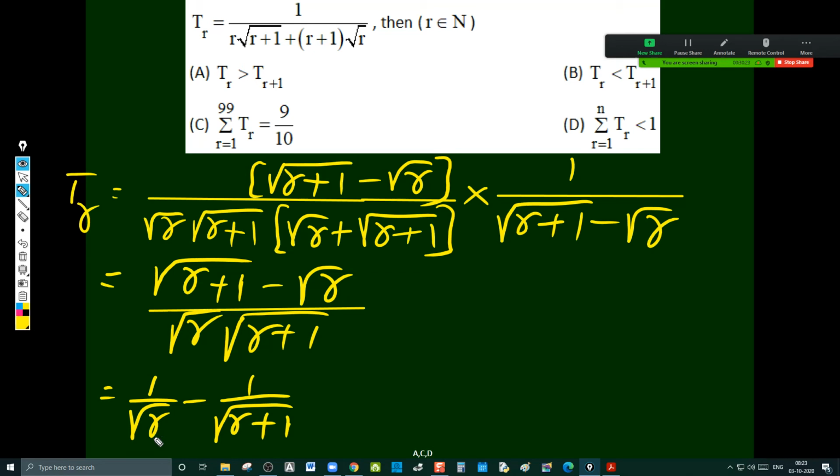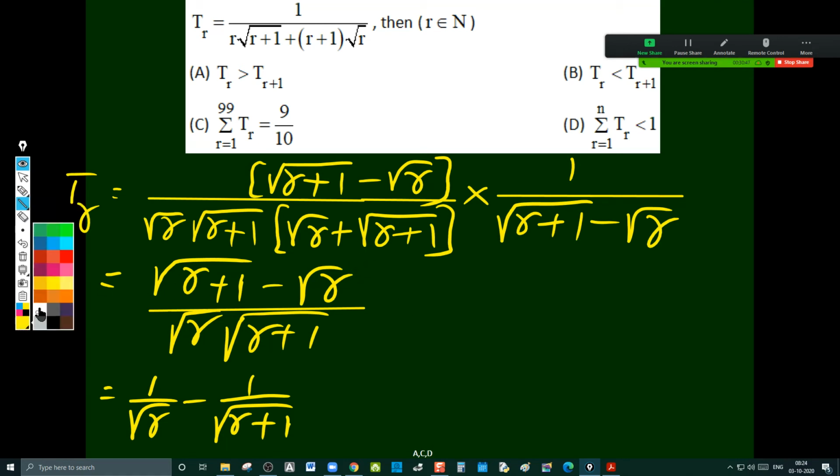When the denominator value becomes greater and the numerator remains the same, then obviously the value whose denominator is greater will always be smaller.